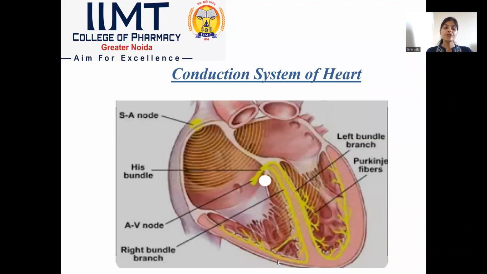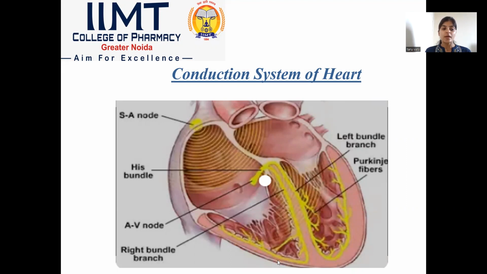Now, the conduction of impulses occurs in the following sequence. First, the origin of impulses for cardiac contraction is at the sinoatrial node, which is known as the SA node. It is present at the opening of the superior vena cava into the right atrium.